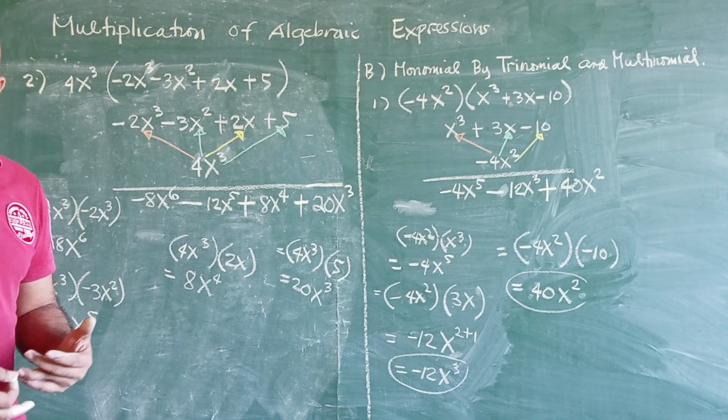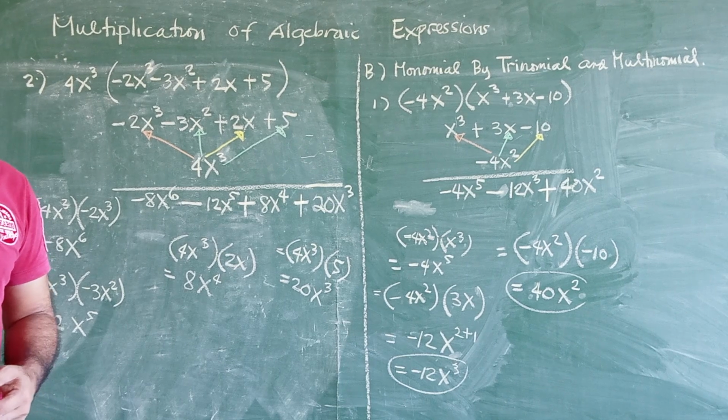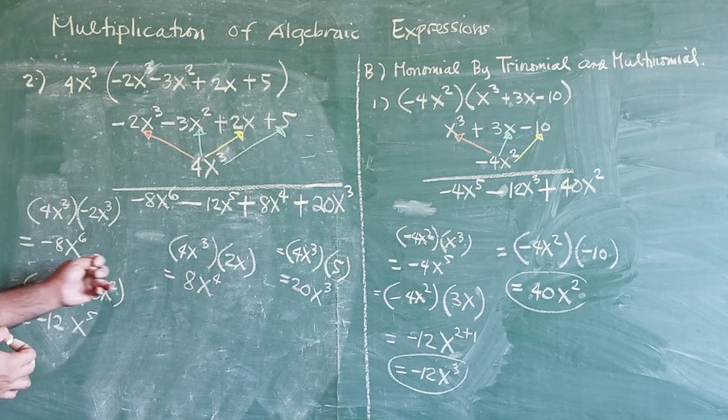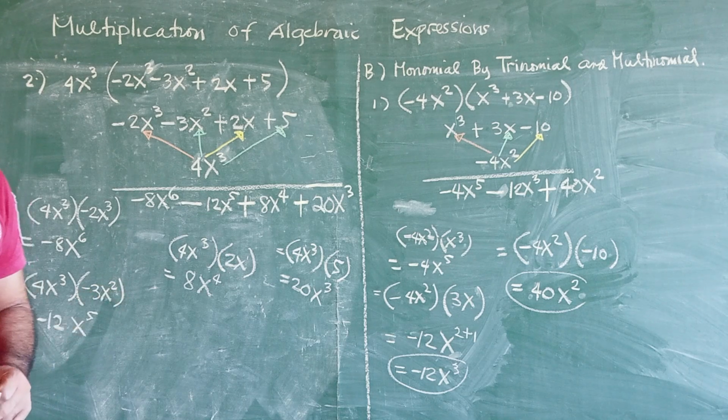So I hope this is very helpful for you and for all of you who wish to review and to learn more about algebraic expressions, especially when multiplying algebraic expressions.